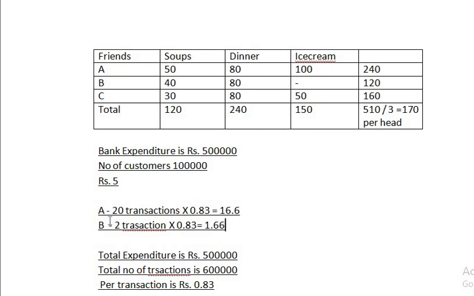If we allocate the total cost on the basis of activity, Mr. A is debited with ₹16 60 paisa and Mr. B's account is debited with ₹1 rupee 66 paisa.